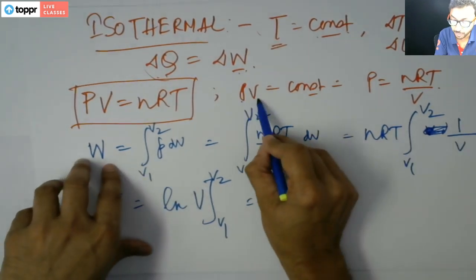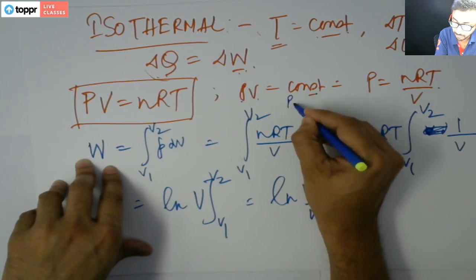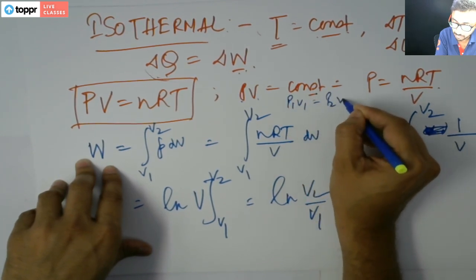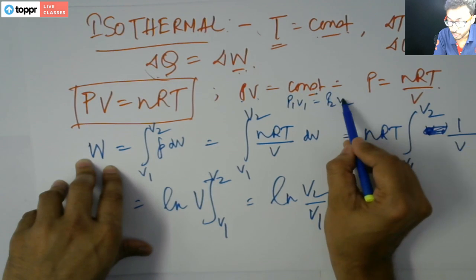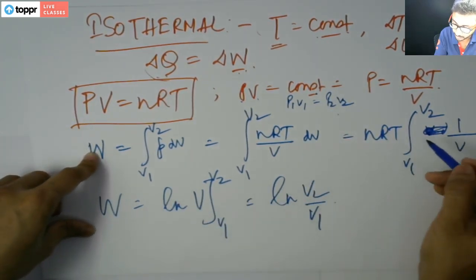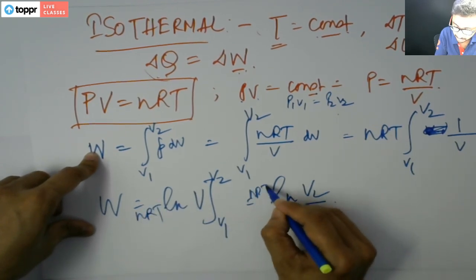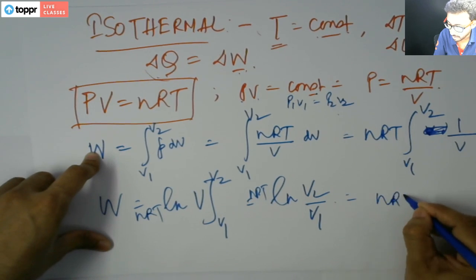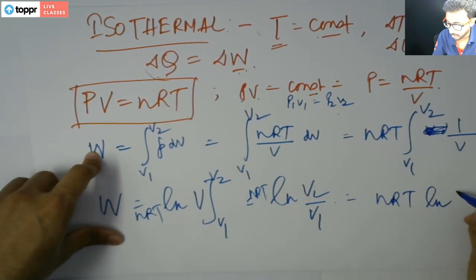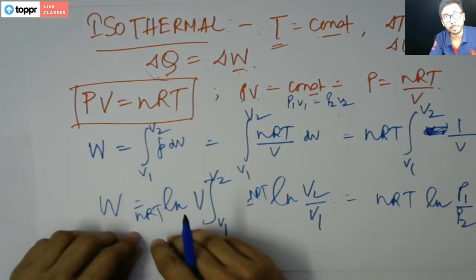And as you know, PV equal to constant means P1 V1 equal to P2 V2. So V2 by V1 is nothing but P1 by P2. So we have to multiply this by nRT. So it will be nRT log to the base e, P1 by P2.